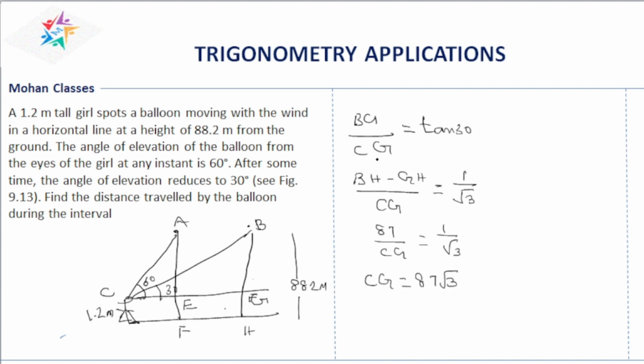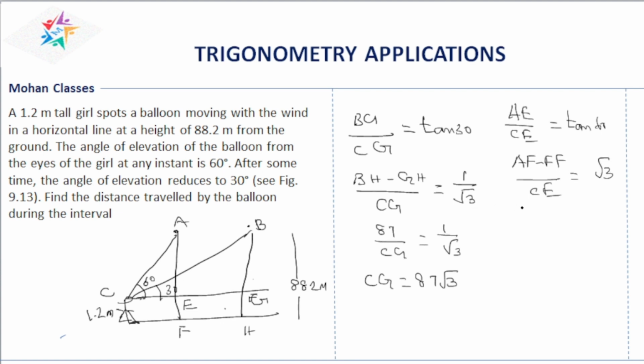And then in triangle CAE, 60 degree, what is AE by CE? We have to write what is AE by CE. AE by CE is equal to tan 60, right? So that is equal to AF minus EF divided by CE is equal to root 3.